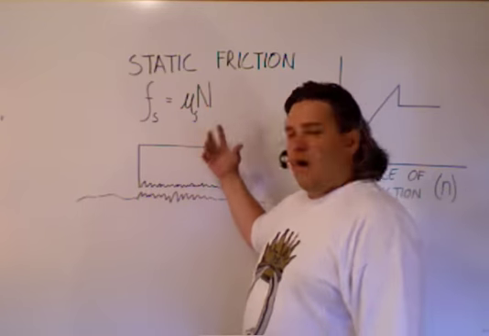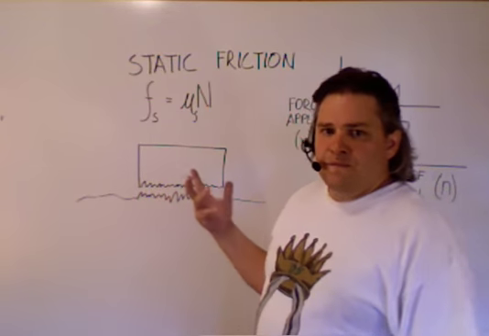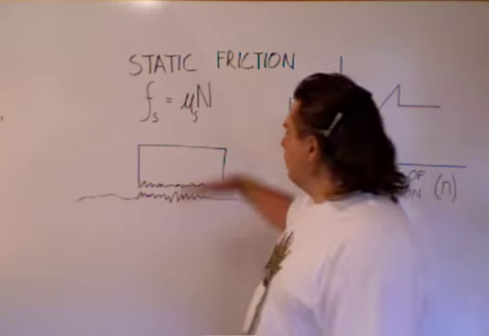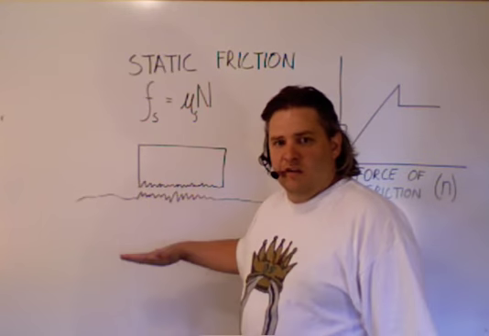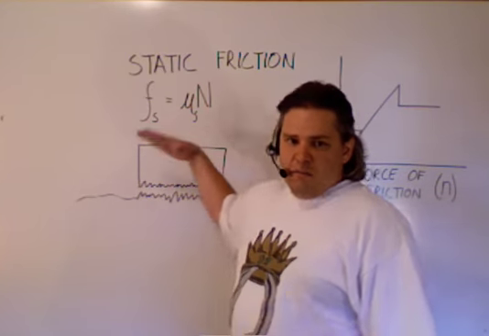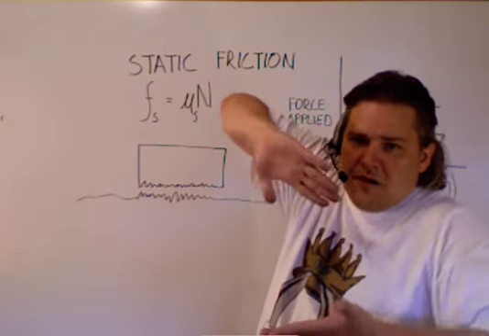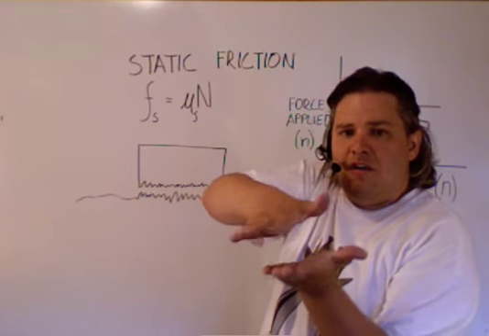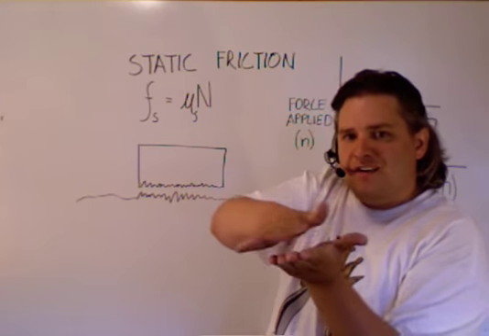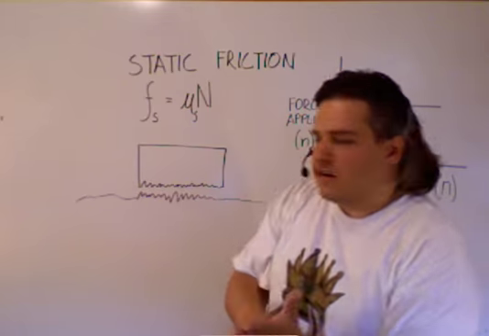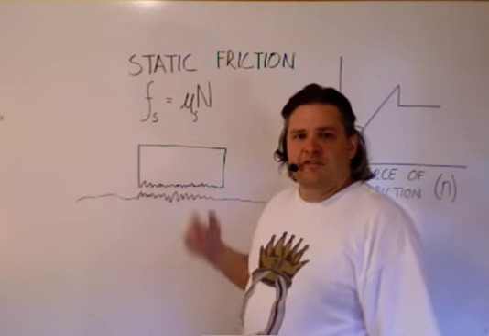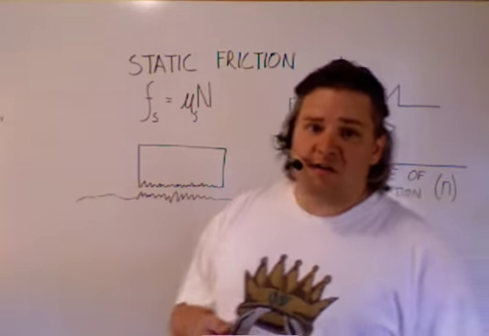Now, why not weight instead of normal? Well, you want to say normal because normal is the amount of pressure that you're pushing down on those two surfaces. Much like a piece of sandpaper. If you have a block and a piece of sandpaper, you can push down really hard on that block, and it makes it very difficult to sand. So pushing down actually increases your normal, but it does not increase your weight.